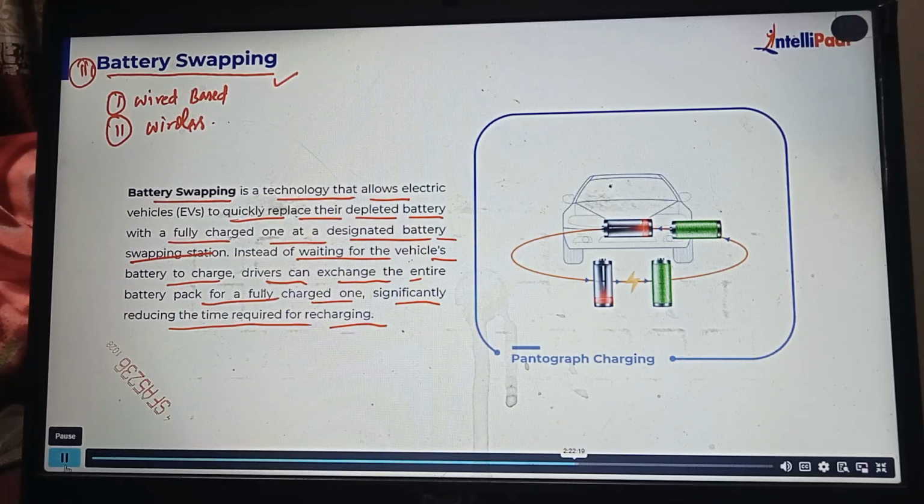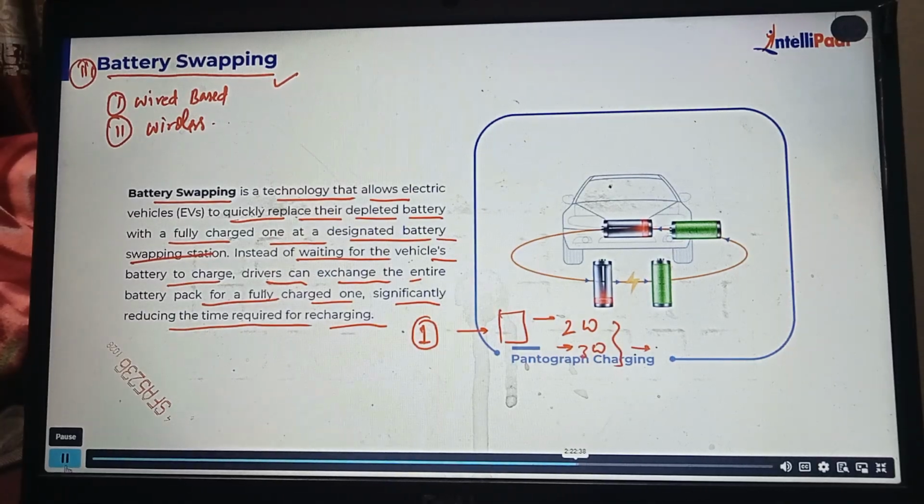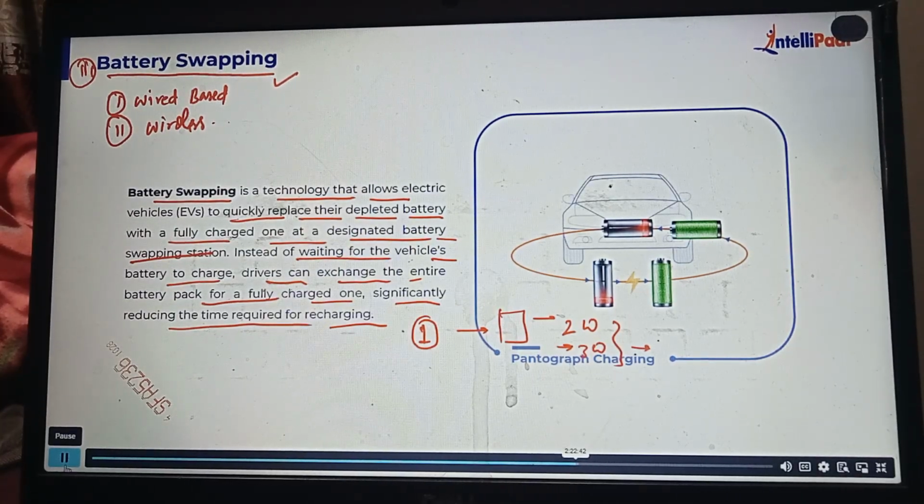But the question is, how feasible is it? It is feasible where we have only one single battery pack, as in a two-wheeler or even a three-wheeler. But if you talk about very high power density batteries, where we have seen the battery bank placed on the downside of the vehicle, that is a very high power battery.